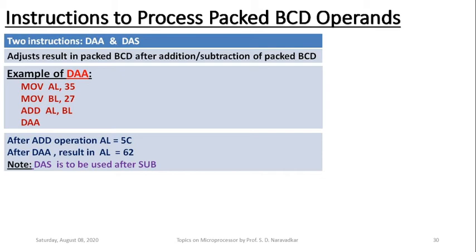Accordingly, after addition, the result copied to the AL register will be 5C. And this 5C result is not expected. We are expecting the result in a packed BCD format only, in a decimal format only. So after DAA, that result in AL will be adjusted to 62 here.